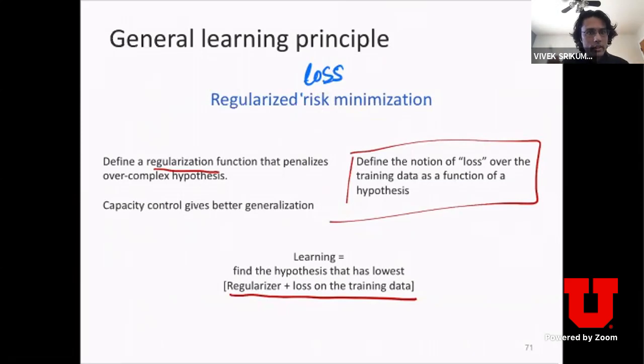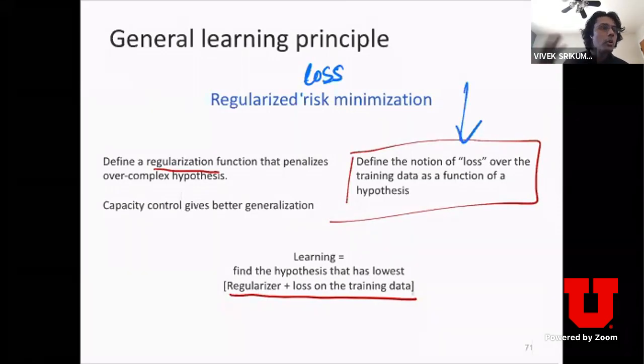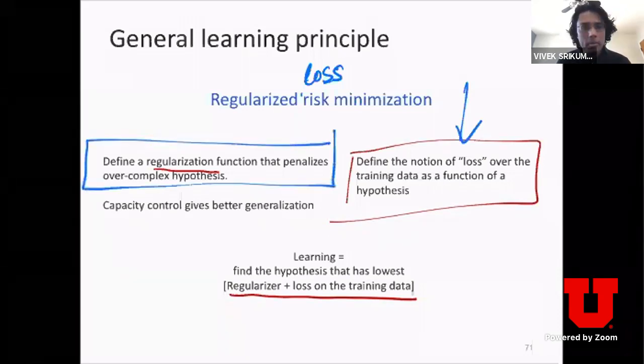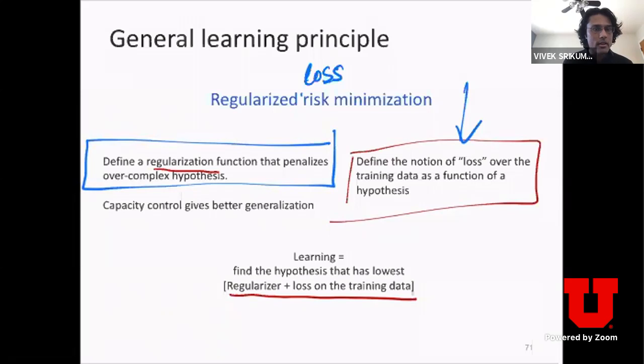So very briefly, to revisit that idea, we define a function called loss that penalizes mistakes, and the goal is to find a classifier that has as low a loss as possible. But simply minimizing the loss can lead to overfitting. So we have this other term in an optimization problem called regularization, or a regularizer, and the regularizer penalizes complexity.